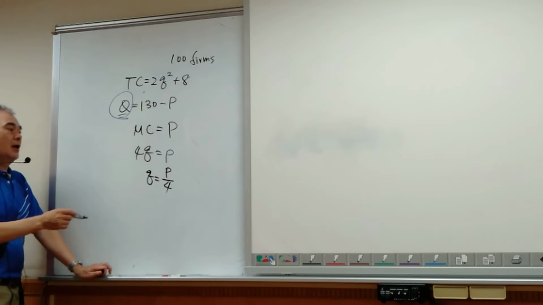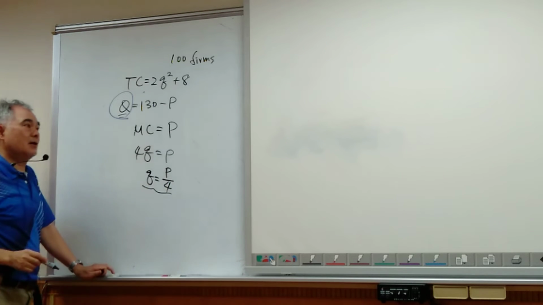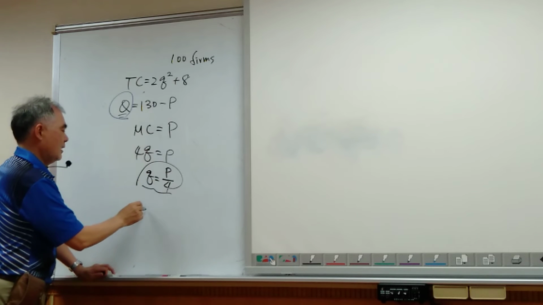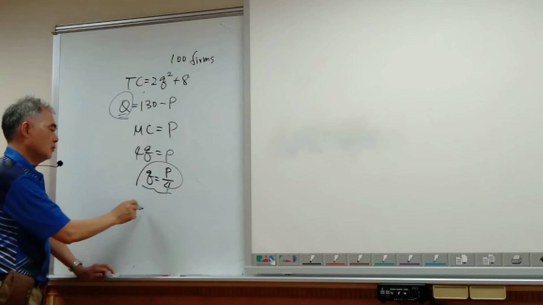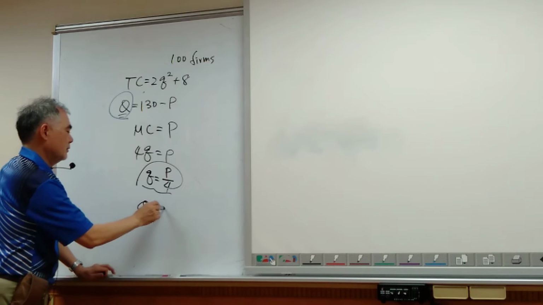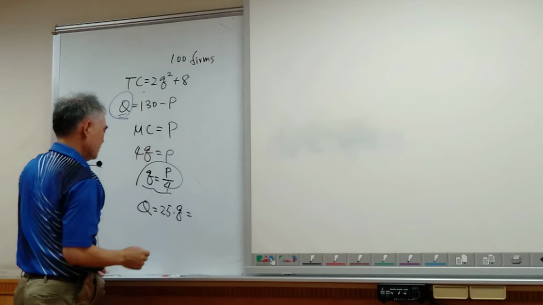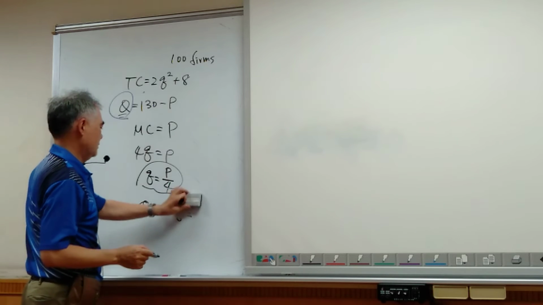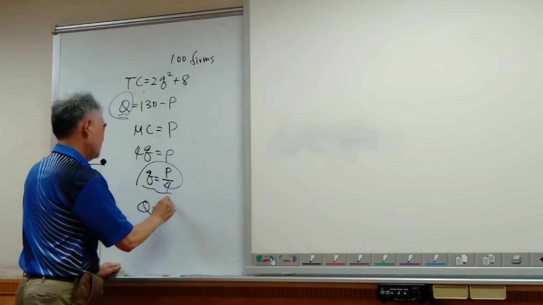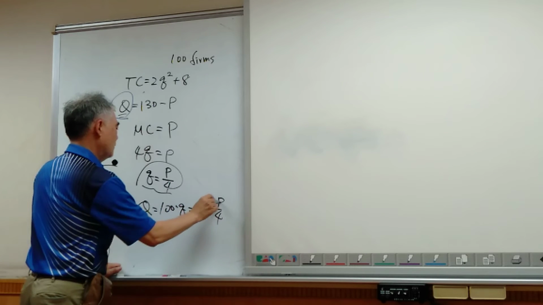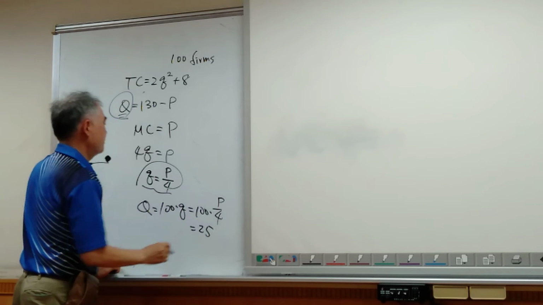And because we have 100 firms, the total market quantity will be 100 times q, and that is 100 times P over 4, so that is equal to 25P.